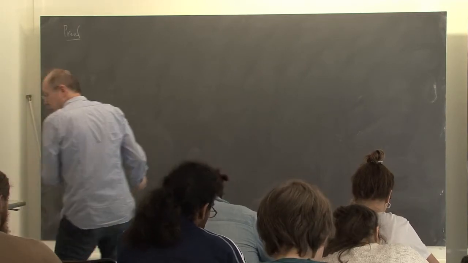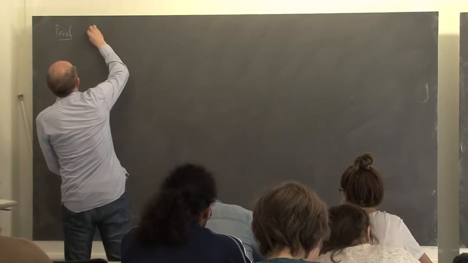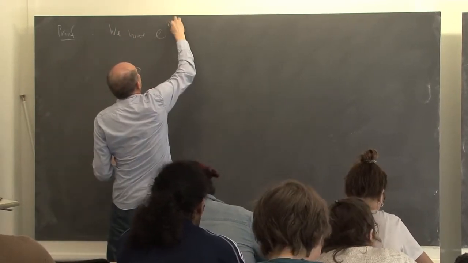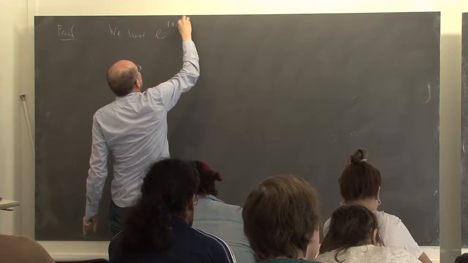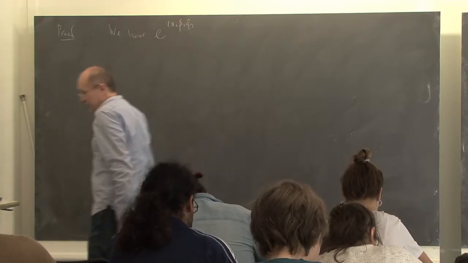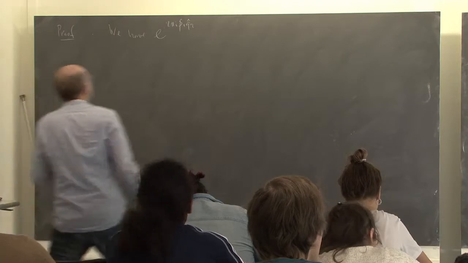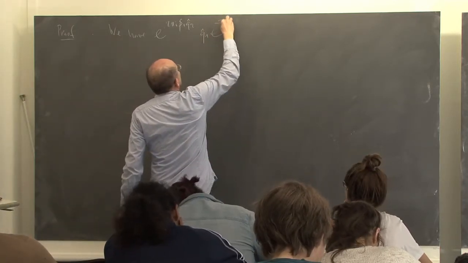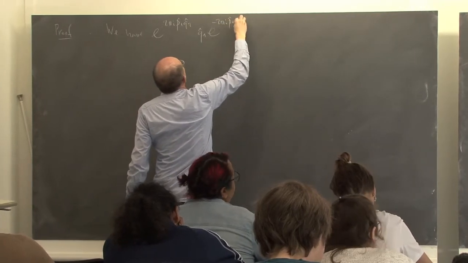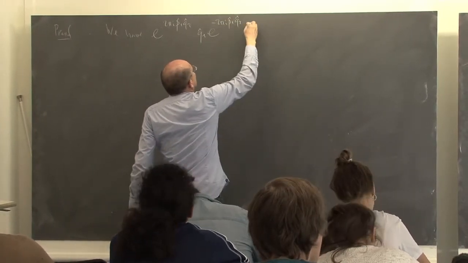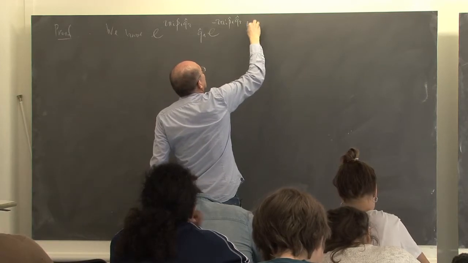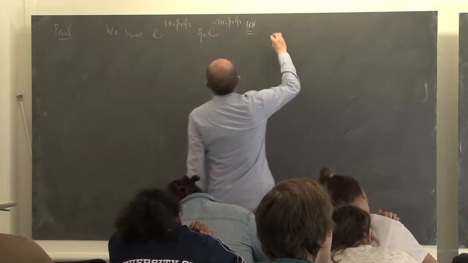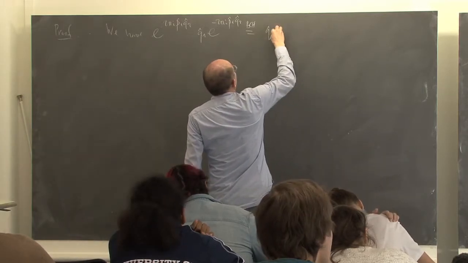So we start by remarking that we have E to the 2 pi I P1 hat Q2 hat. So this is a unitary operator. And if we conjugate Q1 by that operator, then by Baker-Campbell-Hausdorff, for example, we observe that this is equal to Q1 plus Q2 hat.